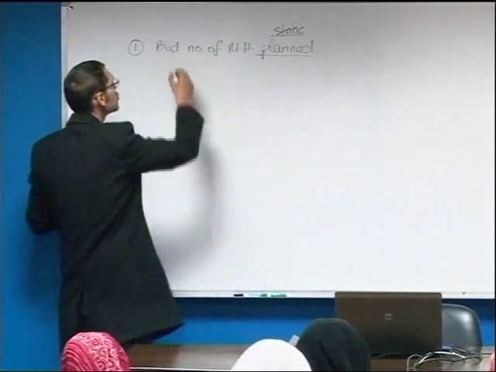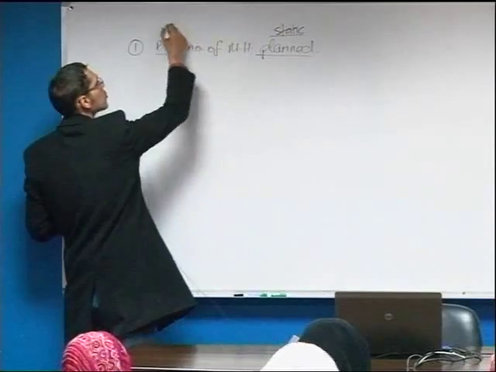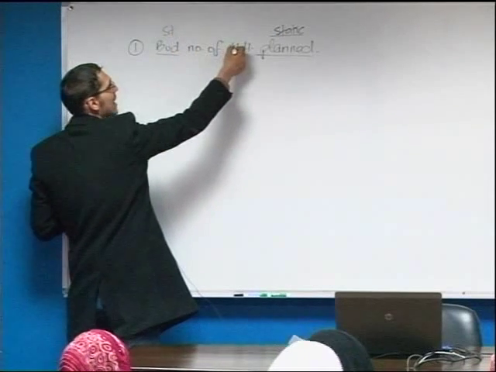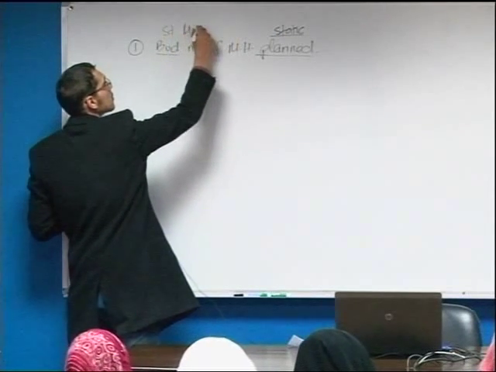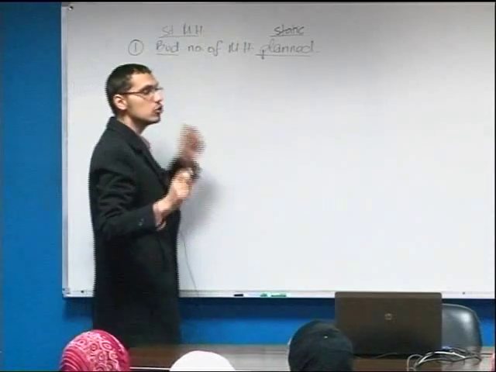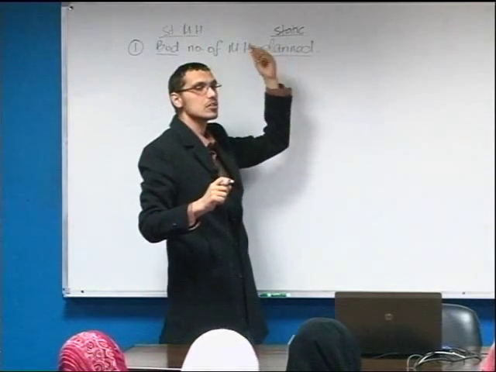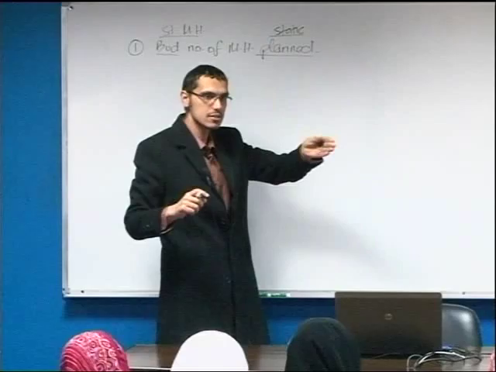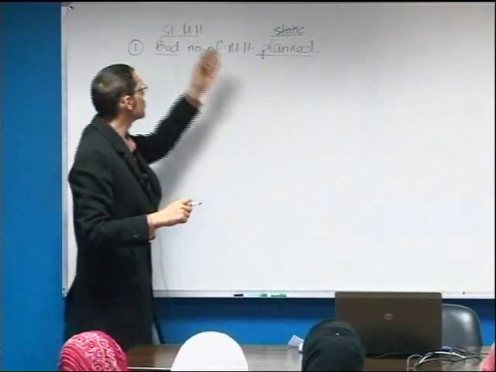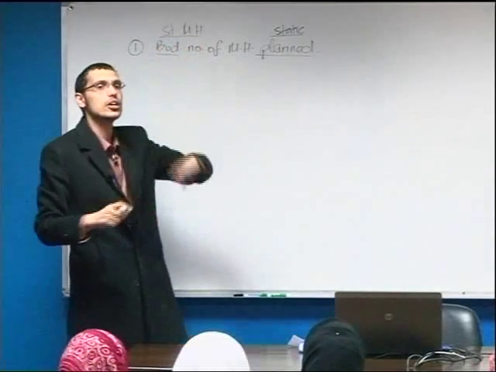And when they say budgeted number of machine hours, they are talking about the standard machine hours. Therefore, we are going to use the standard or the static number of units, and the standard machine hour per unit.